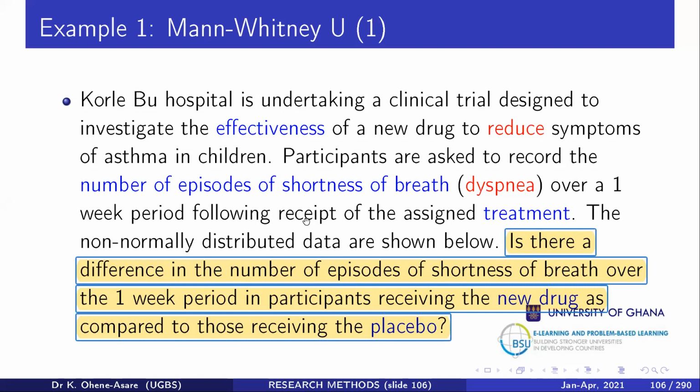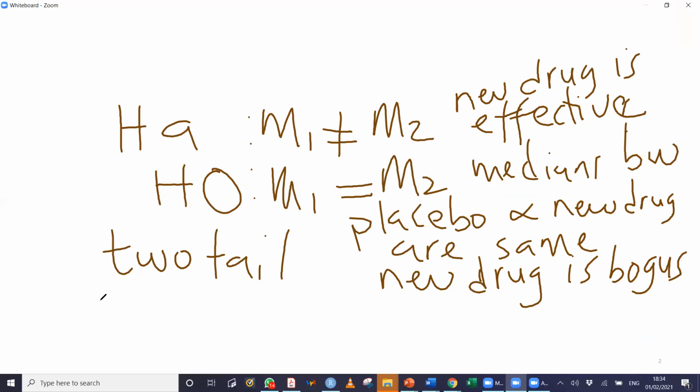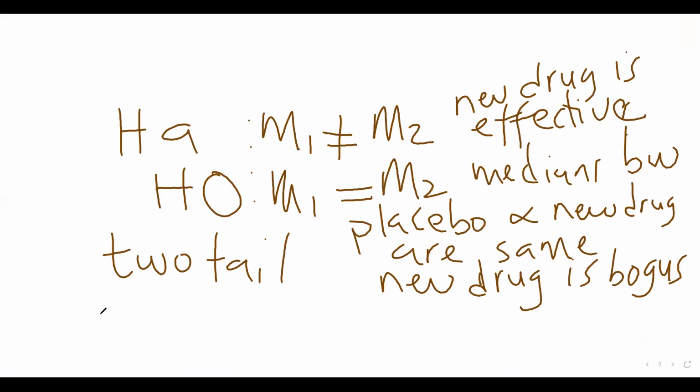So in this context, the level of significance here is 5%. You also want to document that and put it down, so that you don't forget. So you write alpha is equal to 0.05.